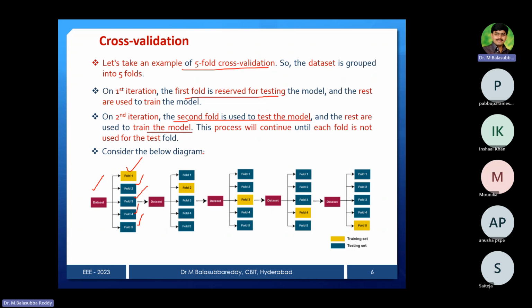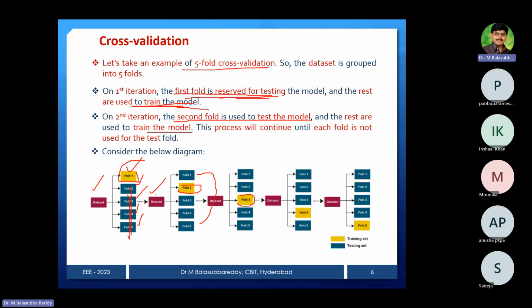After that, we reserve fold one for testing, and the rest are used to train the model. Similarly, we take the second fold as reserved, and the rest will be used for training.